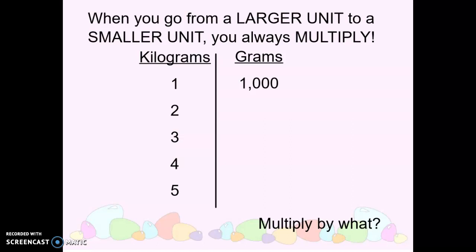We're going to multiply by 1,000. So we can see that 1 kilogram is made up of 1,000 grams. So 2 kilograms is going to be made up of 2,000 grams. And 3 is going to be made up of 3,000 grams. So on and so on. The same way we've been doing this.